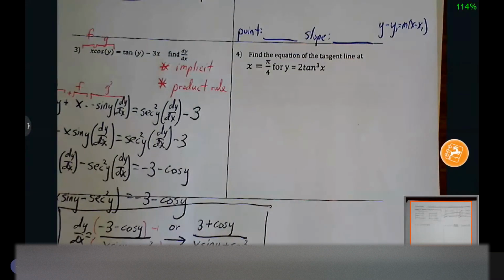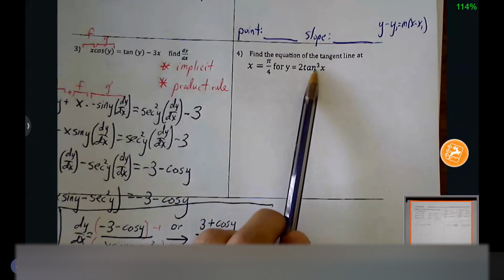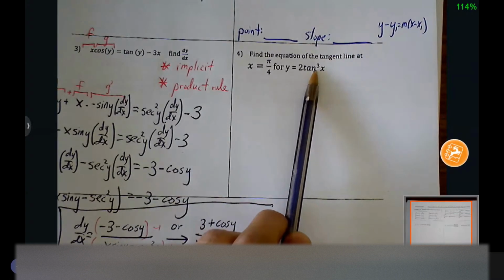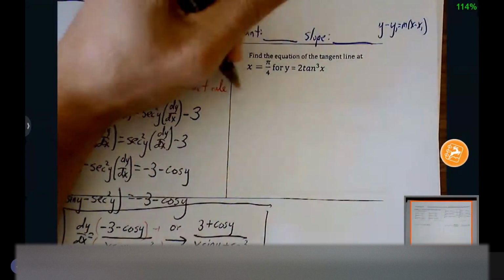All right, but before we try to find any of that information, what is a good first step? Chain rule? Yes, chain rule, but before that, let's just rewrite this, right? That exponent can be put in a more helpful location for us.